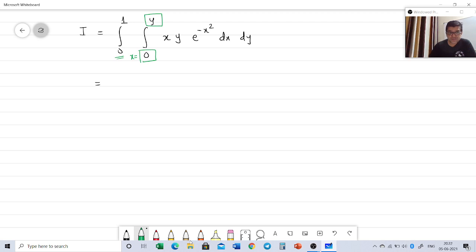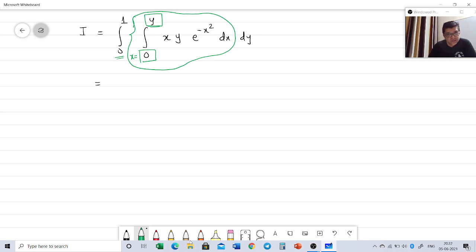That means as far as inner integral is concerned, it is to be carried out with respect to x. Now here order of integration matters. Here you cannot change the order of integration by your choice. Previously, when both the limits were constant, you had a choice, right? Now you don't have a choice here.